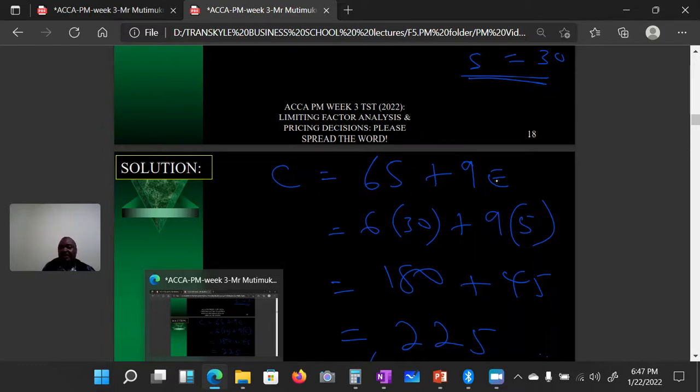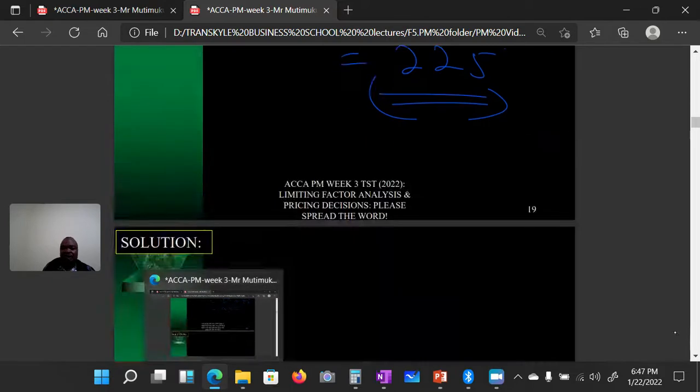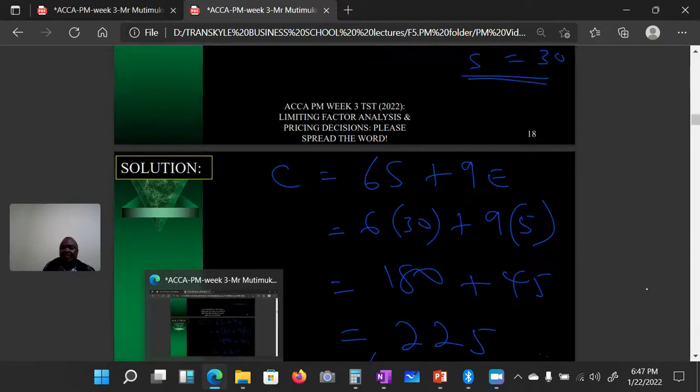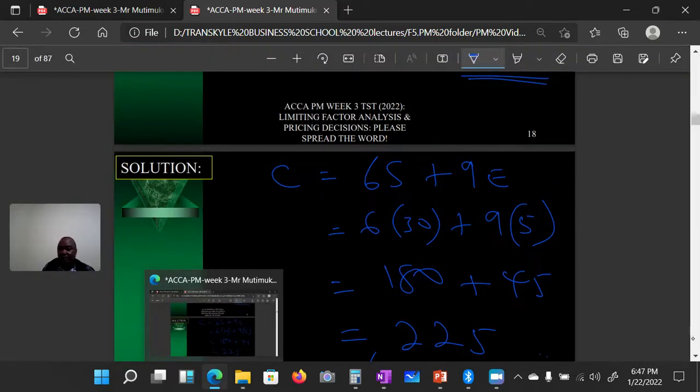We'll have some spare capacity or slack. There is also a question which required us to calculate the slack in this example, so let us discuss that one in the next video.